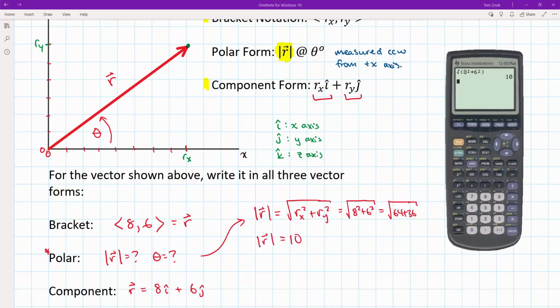Okay. And the angle theta, well, we're going to use our trig. So we're going to do arctangent, or we could use any of the arc functions we want. But the arctan of opposite over adjacent. And for the angle that we've got there, our opposite side is 6 and our adjacent side is 8. So let's see what we get when we do that.